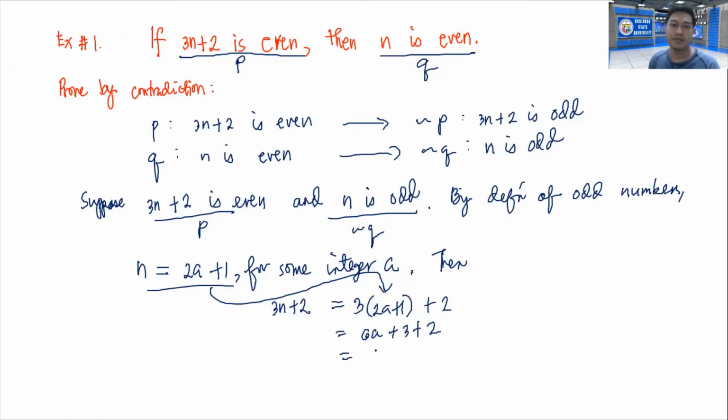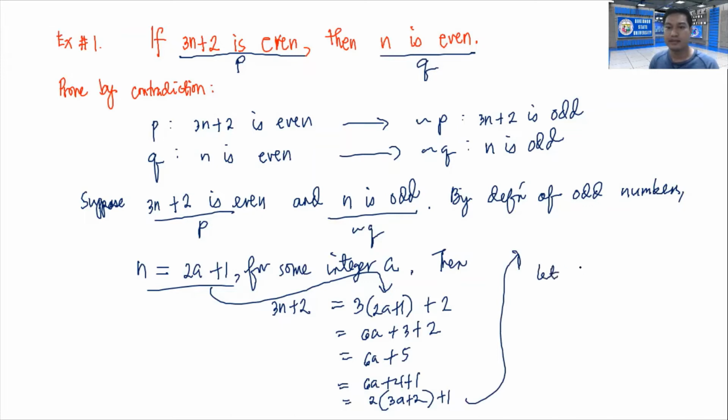Therefore, 3n plus 2 will become 6a plus 5. But I think we can convert it into a more simplified form. It'll just be 6a plus 4 plus 1, so it will become 2 times 3a plus 2, plus 1.